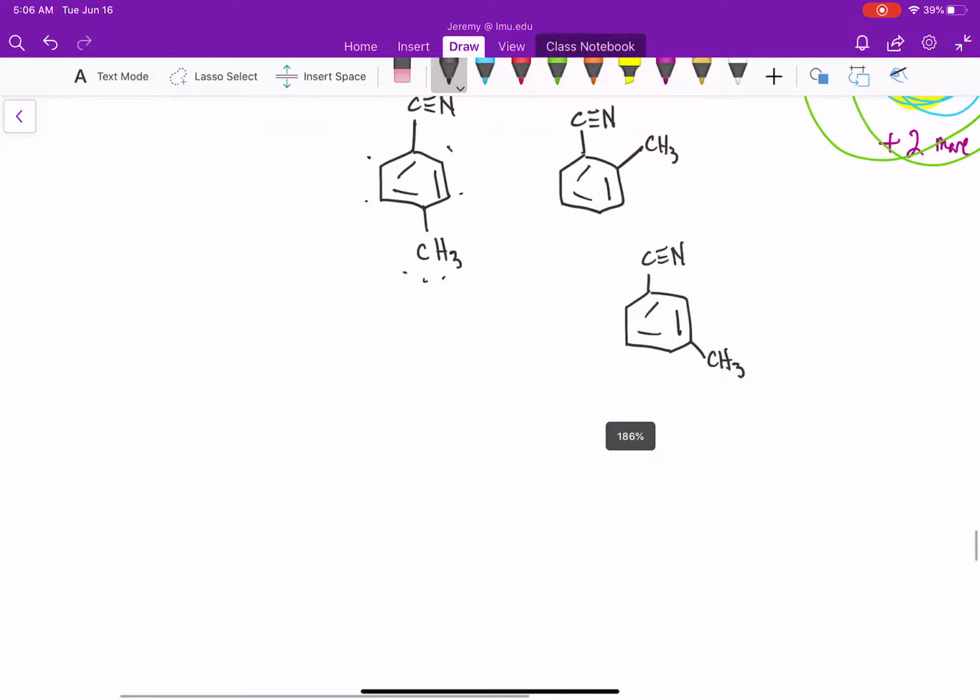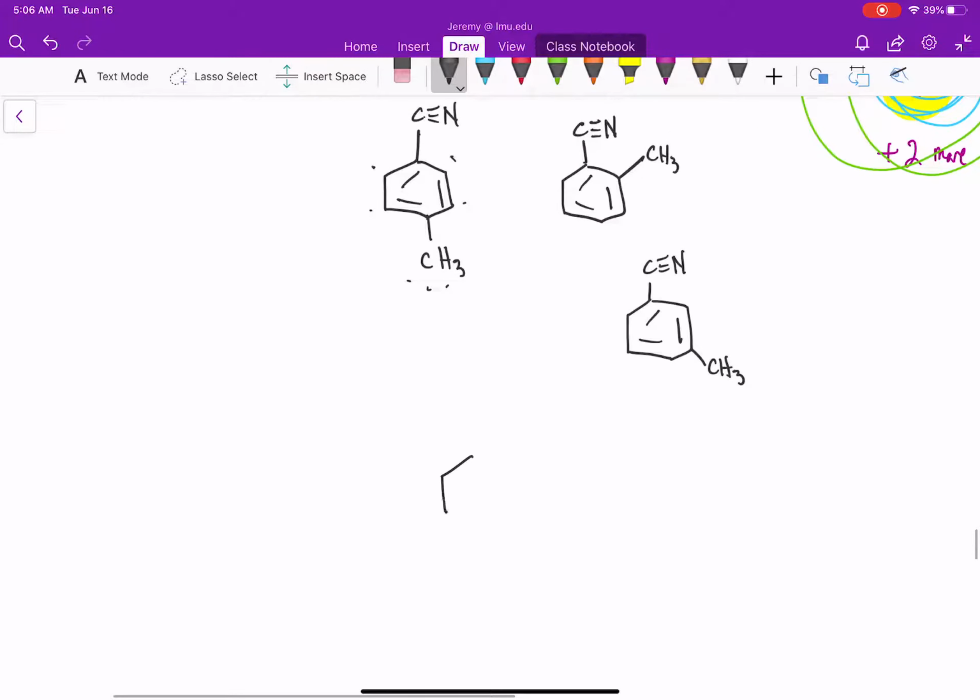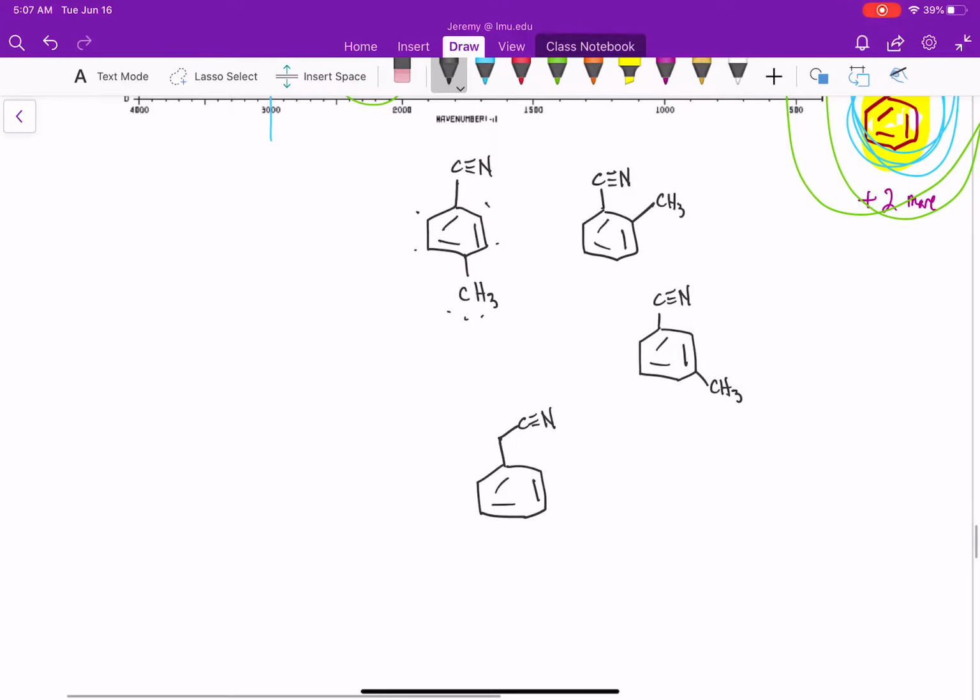That would make sense here, right? And another possible structure that could fit is we could have our carbon first, and then we could have the nitrile after it, right? So that would be another structure. So here there's basically 4 structures that really fit this spectrum, all right?